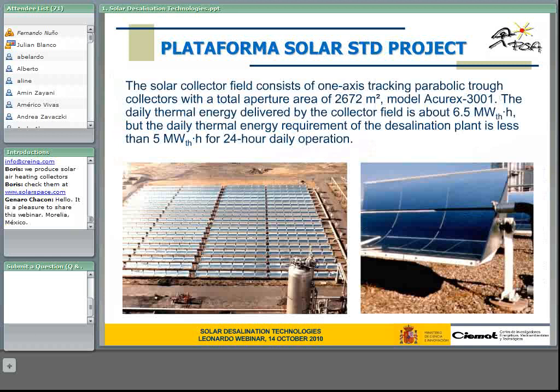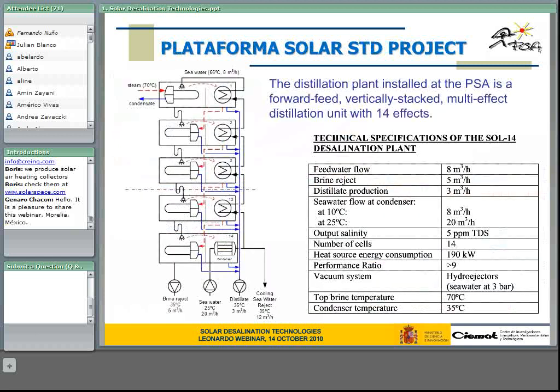The plant you can see here was a vertical stacked multi-effect plant with 14 effects and a production of about 3 cubic meters per hour, so we are talking about 72 cubic meters per day. The temperature of the first effect was a maximum of 70 Celsius, and at the condenser 35 Celsius.